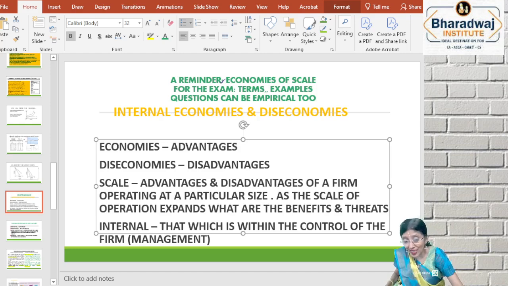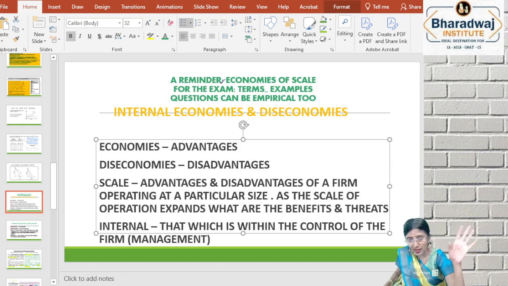So what does scale mean? Size of the firm. Expansion. Large scale firm. As a firm is expanding, what are the advantages and disadvantages? So when I have to define economies of scale, please remember it is nothing but the advantages and disadvantages that accrue to a firm as a result of expanding its operations. Merits are there in becoming a large scale firm, and demerits are there too.